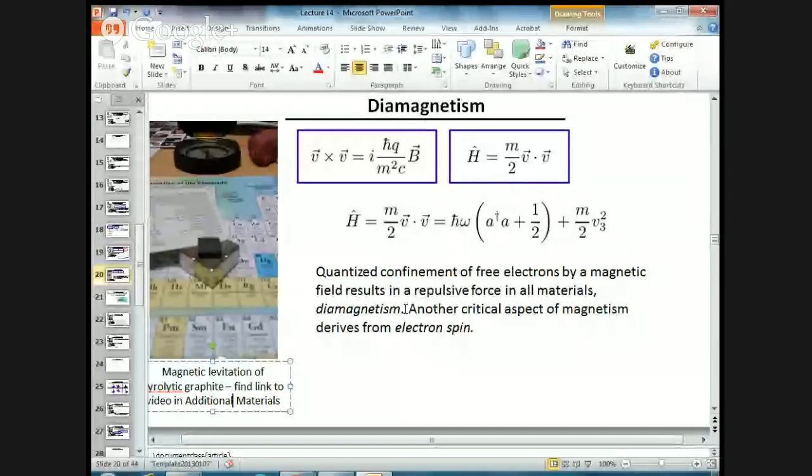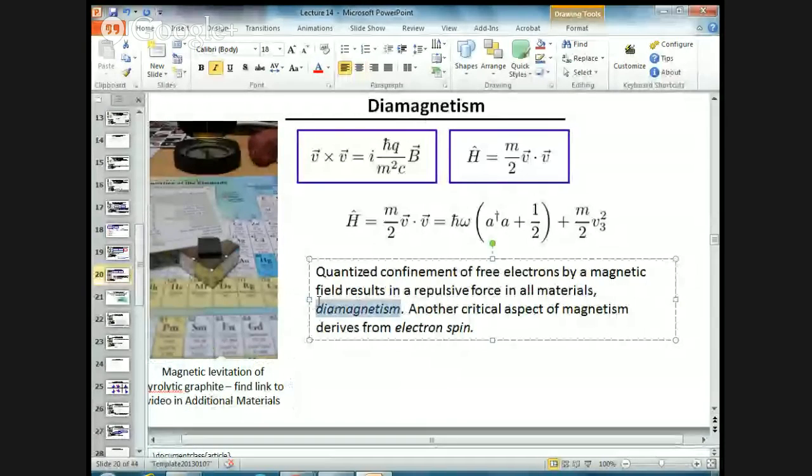Where was I? Oh, so diamagnetism is a universal effect in materials. It's purely repulsive. In my opinion, it's much less important than the other forms of magnetism, ferromagnetism and paramagnetism, which are even more quantum than diamagnetism in that they derive from electron spin.